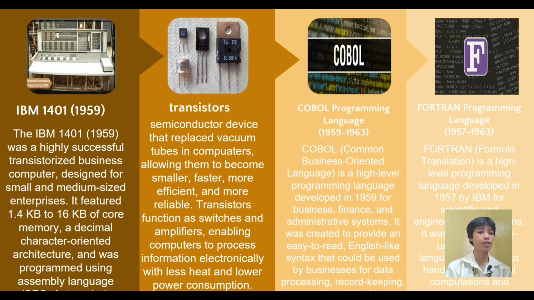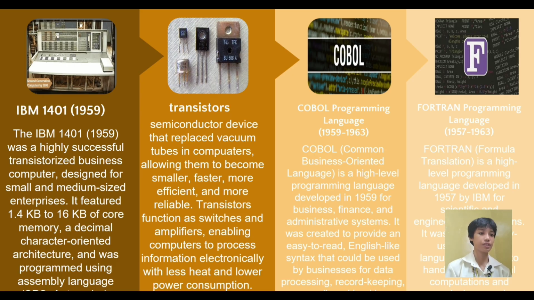We have mentioned transistor, but we don't know what is the definition of transistor. So let me discuss this one to you. Transistor is actually a semiconductor device that replaced a vacuum tube. As I mentioned a while back, instead of vacuum tube, which is a bigger circuitry, they are using already a transistor.